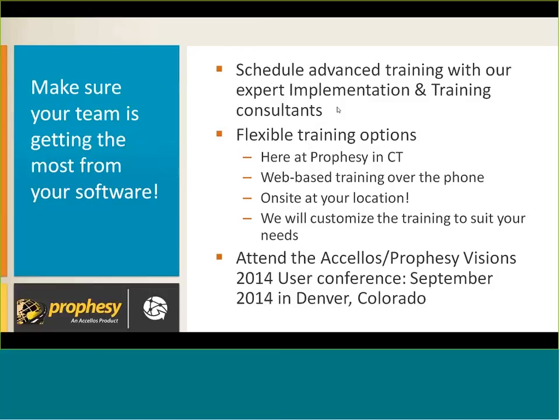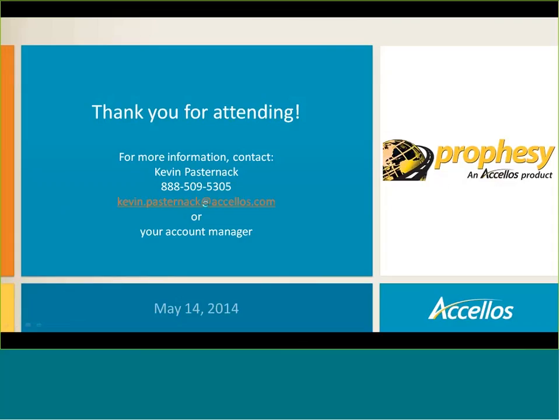The registration is open. The early bird registration is open. It's really 3 days of intensive training on the Prophesy software. So I would encourage as many of you as possible to come out and attend the user conference. Last year we had 250 plus people that attended the user conference in Chicago, and I know that all of those people walked away and were very satisfied with what they learned there.